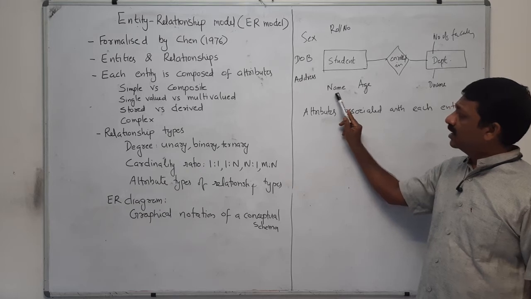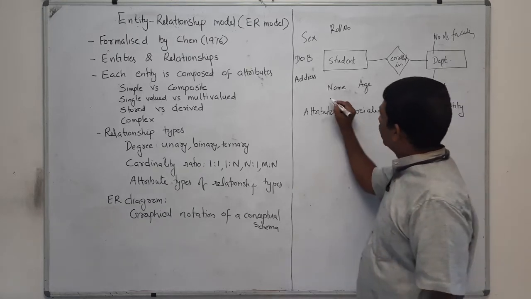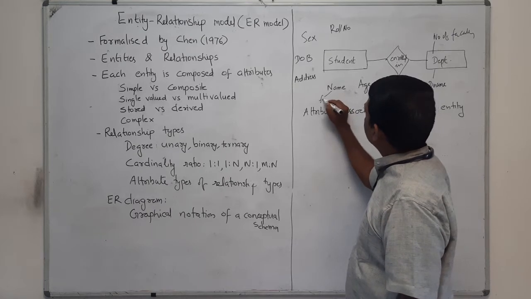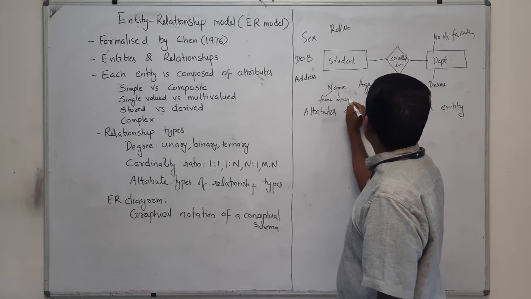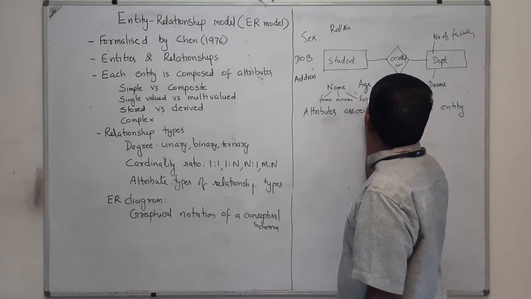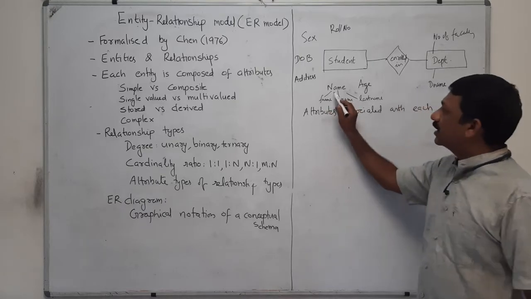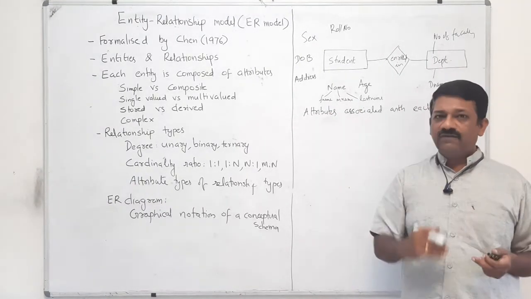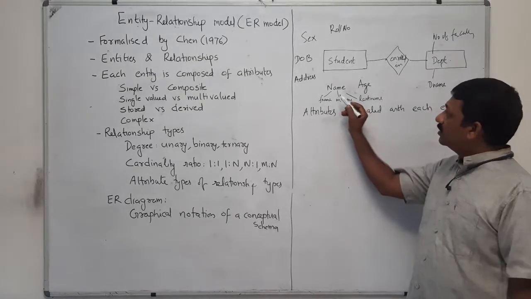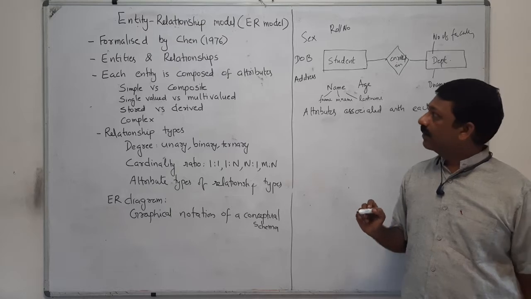Name is a unique one, but this name can be first name, middle name, and last name. That means you can further divide it. That's why this name is not a simple attribute, it is a composite attribute.